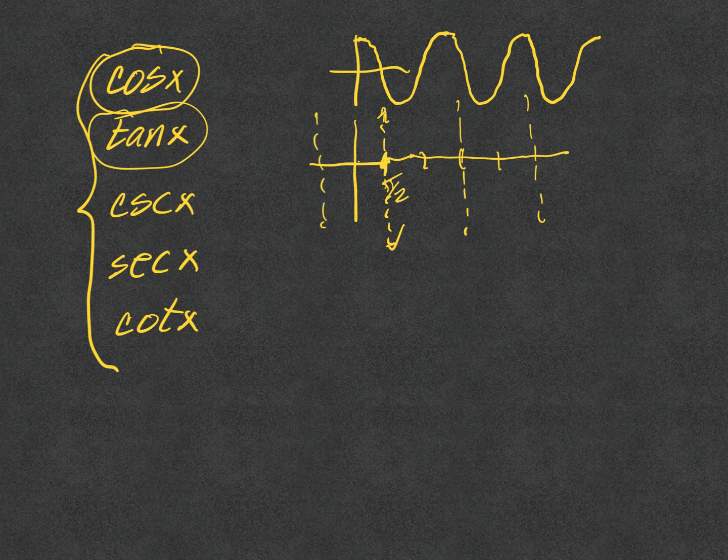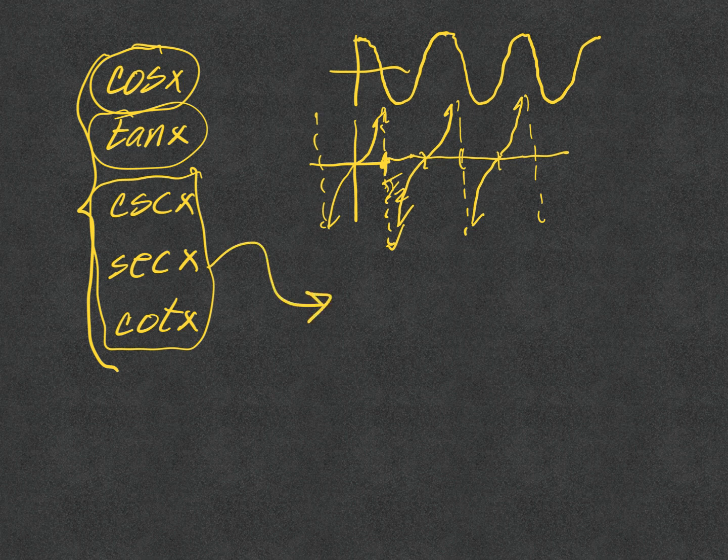When you did the tangent, you also noticed that it probably went up, did this sort of thing if you graphed all the way to 2 pi. Okay? That would have been the tangent graph, and then it repeats itself in all directions. Now, cosecant, secant, and cotangent are also undefined at certain values, and so they also have vertical asymptotes.